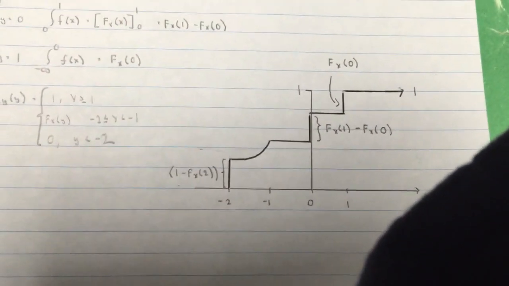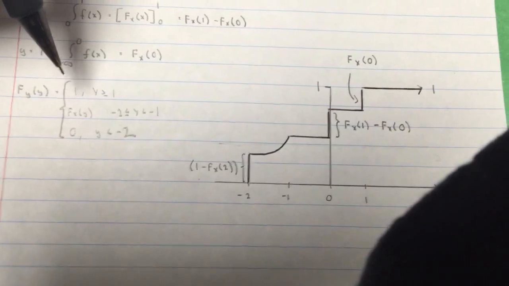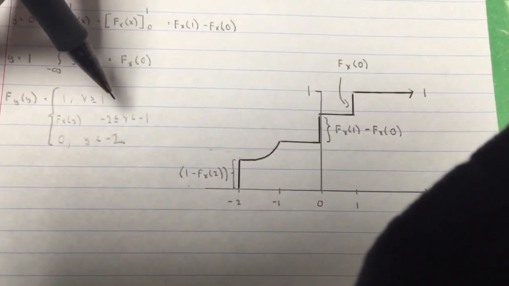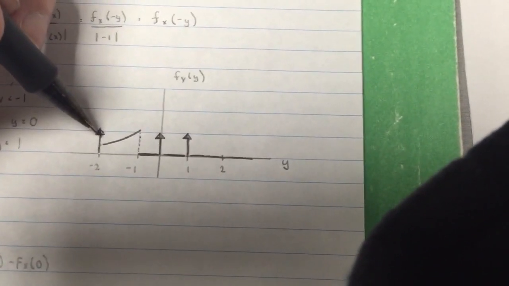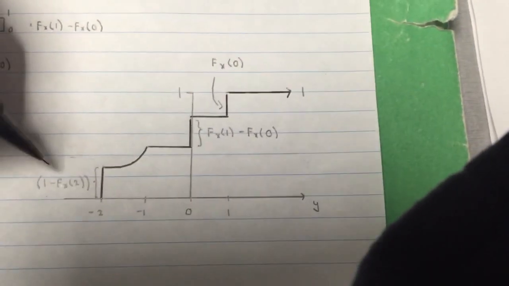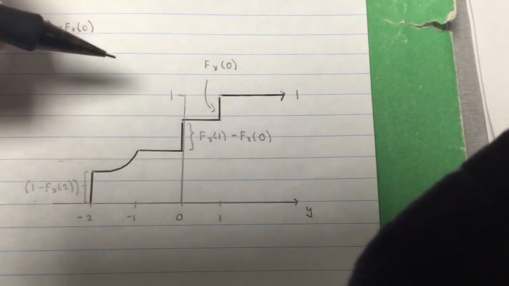And then between there, it's simply just going to be the integral of small f of x, which is big F of x of y, from -2 to -1. And so drawing this becomes very simple, because the area of the impulse function, small f of y, just becomes the height at -2, where the impulse would have been on big F of y.